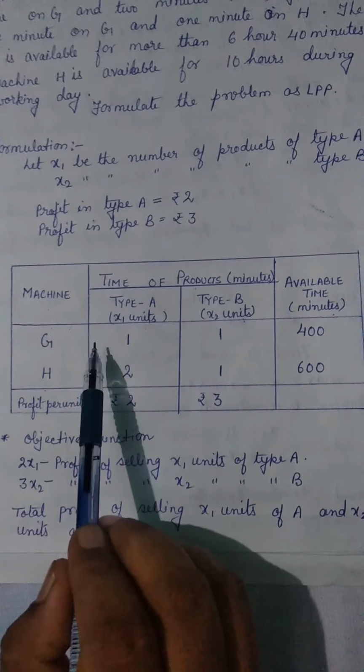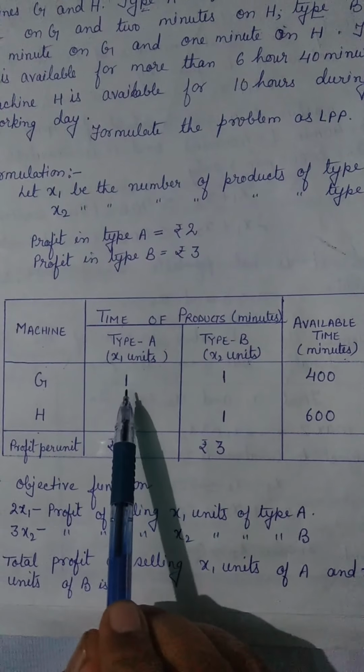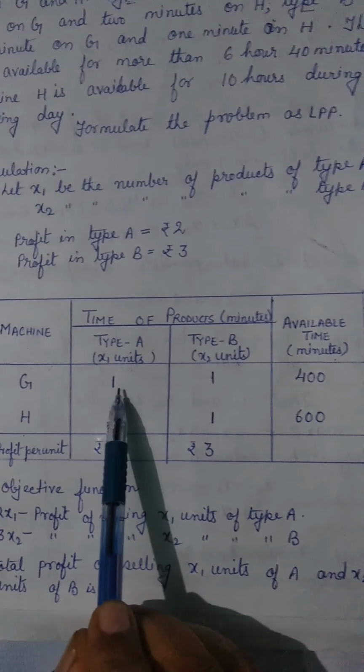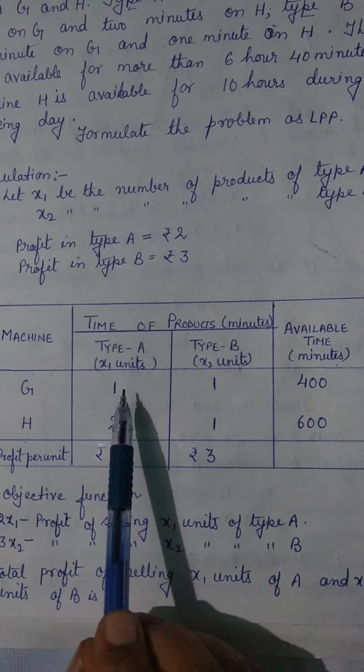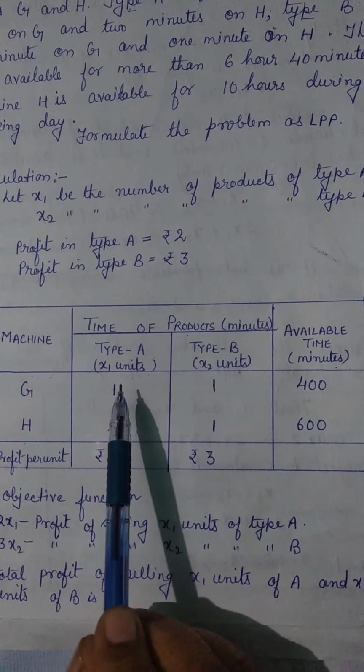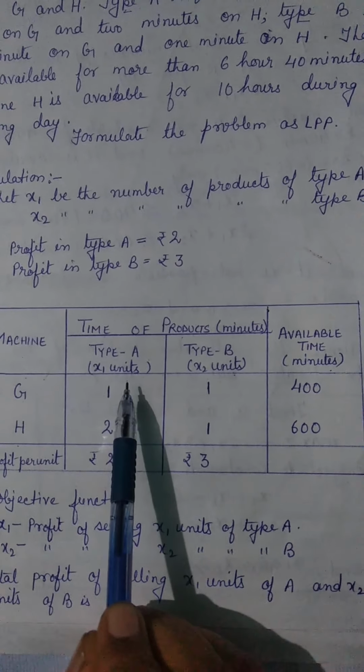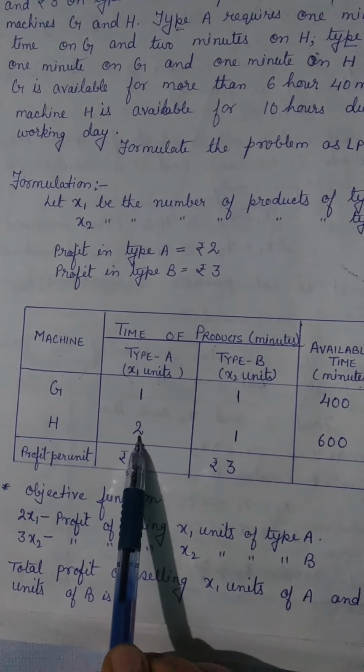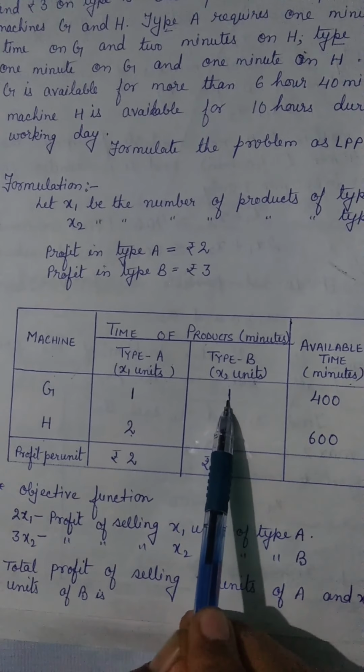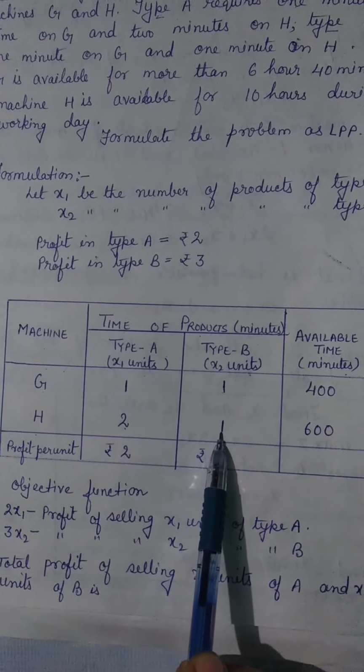So here we can see that type A requires 1 minute of processing time on G and 2 minutes time on H. Type B, 1 minute for G and 1 minute for H.